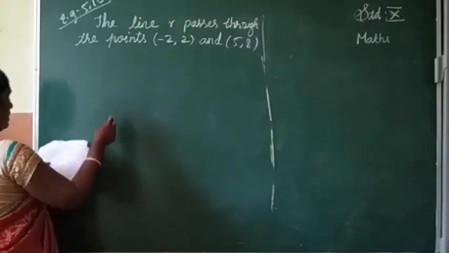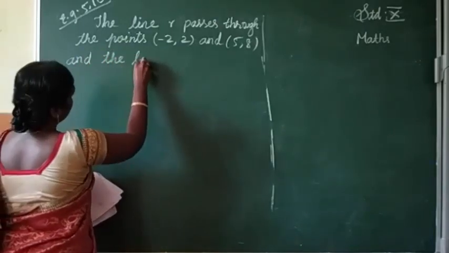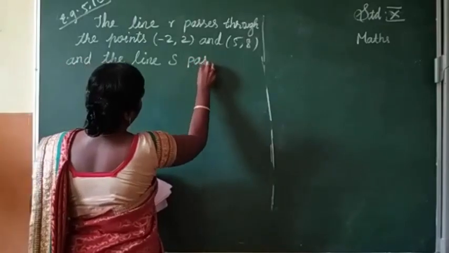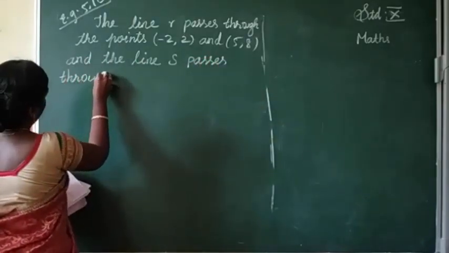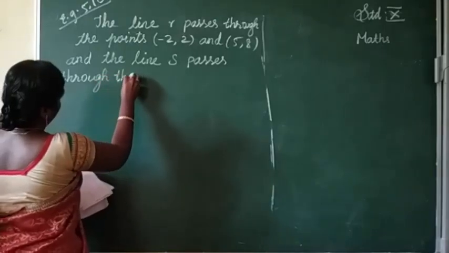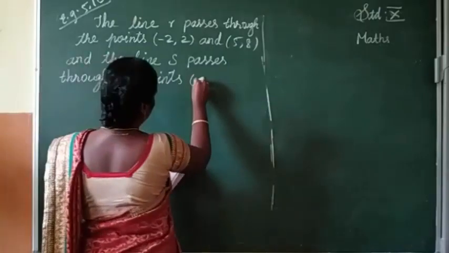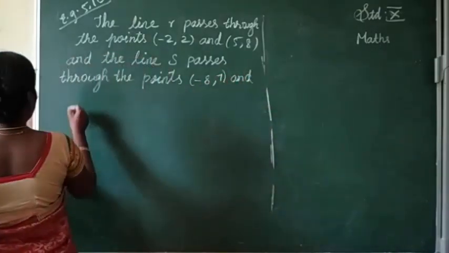And the line S passes through the points minus 8, 7 and minus 2, 0.